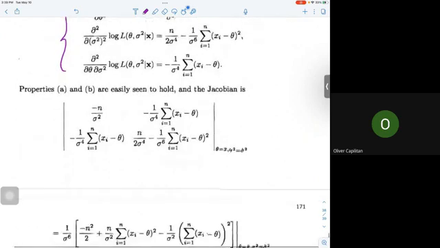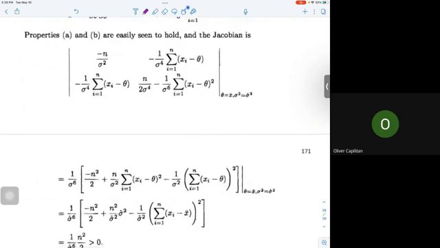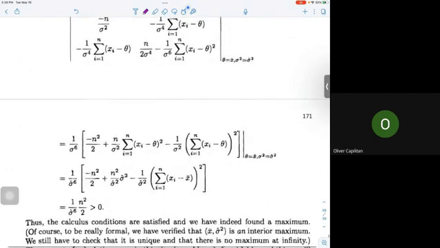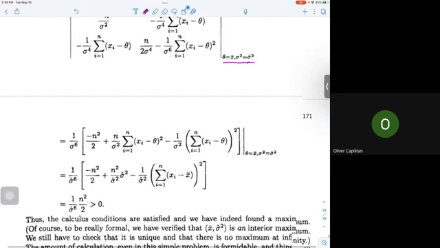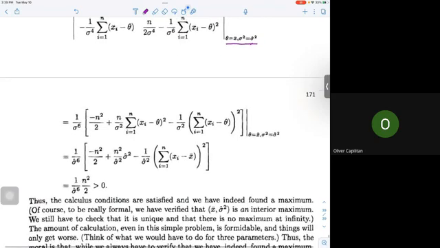Yan. And then, if we're going to determine the Jacobian, which is actually the determinant of this 2 by 2 matrix, and then we're going to evaluate that, theta is equal to x bar, sigma square is equal to sigma square hat. I-evaluate natin yan, substitute it to our determinant of this 2 by 2 matrix.